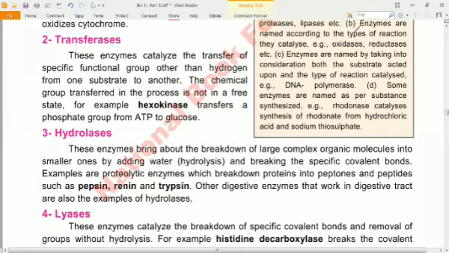We will see the next one, hydrolases. Definitely they do hydrolysis. With the addition of water, the larger, complex molecules break down into smaller ones by adding H or the H group of water. Lots of proteolytic enzymes work on proteins and break them down into smaller peptones or peptides.